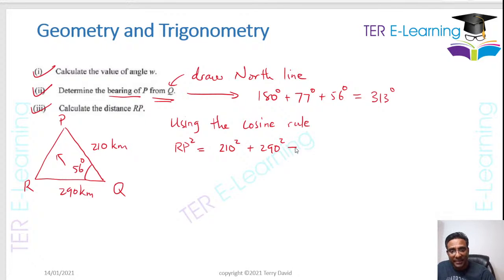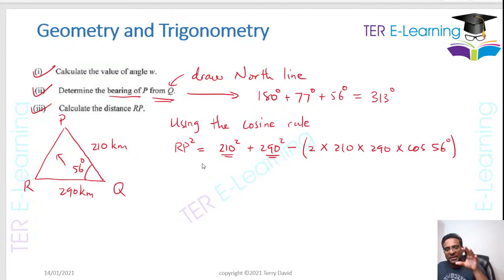And then in the formula, it's minus 2 multiplied by 210, multiplied by 290, multiplied by cosine of the angle, which is 56 degrees. I try to let my students not necessarily learn off the formula. I want them to understand what you are actually taking from the triangle.